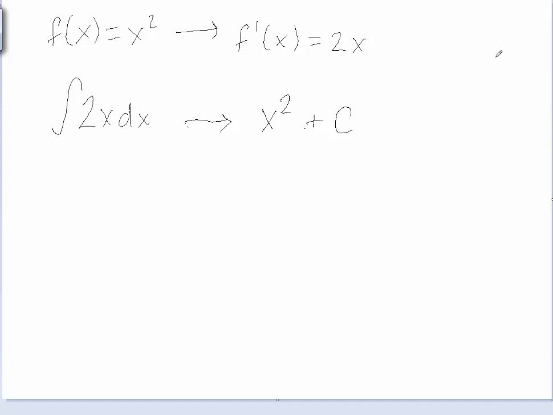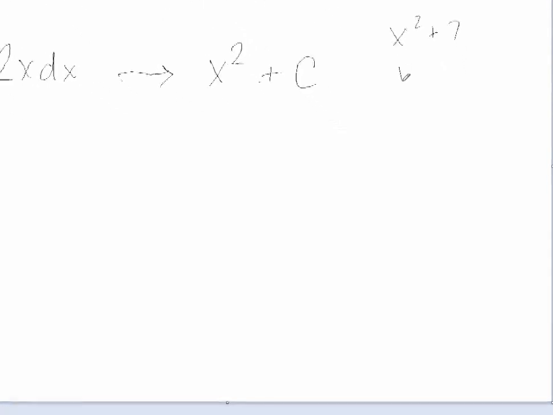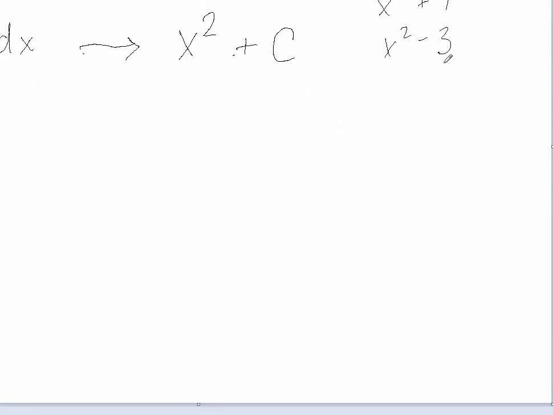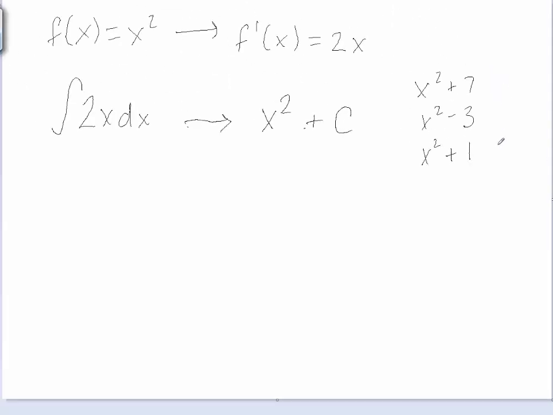And why do we do that? Well, I know there's a lot of functions that have 2x as a derivative. X squared plus 7 has 2x as a derivative. X squared minus 3 has a derivative of 2x. X squared plus 1. These all have a derivative of 2x.